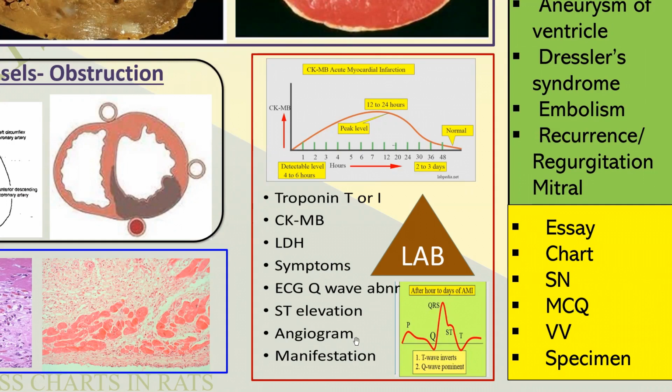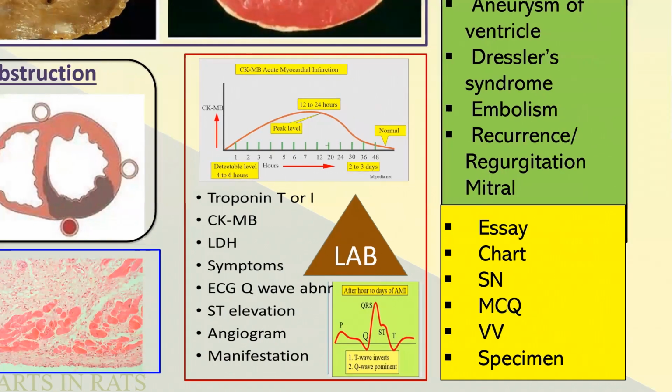Angiogram can help us diagnose an early obstruction, and of course the various manifestations. So kindly memorize this, and read this question as an essay, a chart, a short note, a multiple choice question for the viva, as well as a specimen.